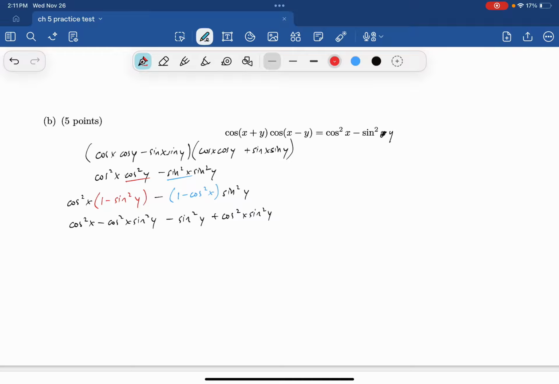Okay, so after we expand it, we get that expression. But then the magical thing is that this and this cancels. And so we're left with cosine squared x minus sine squared y. Okay, it's very tricky. That is very tricky.